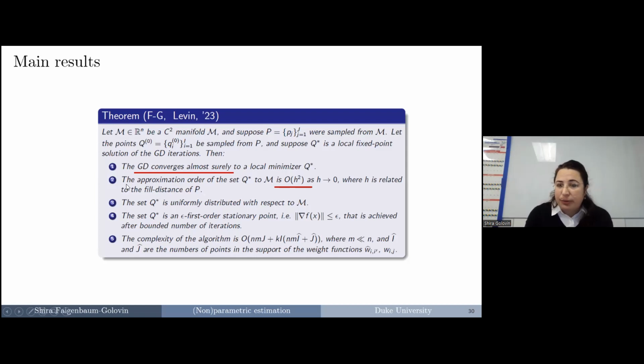We are also able to prove that the approximation order, meaning how well we approximate the original manifold with those Q star points, that is the local minimizer, will be of the order of H squared, where H is the fill distance of the P points. Meaning if we have a good enough sampling of the original manifold, which is quite dense, then we'll have a good reconstruction in terms of O of H squared.